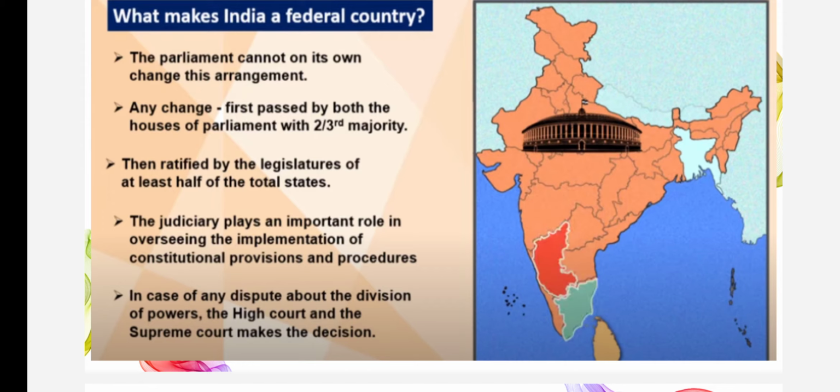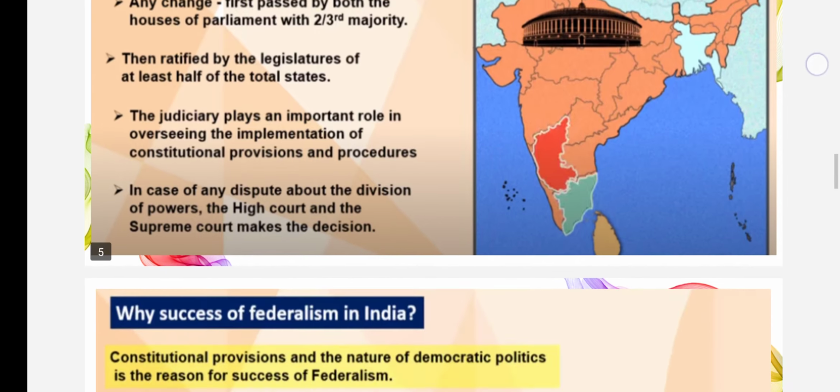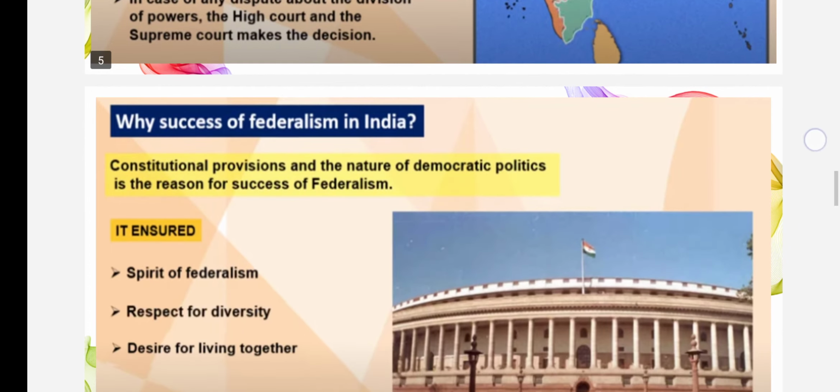In case of any dispute about the division of powers, the High Court and the Supreme Court make the decision. If any dispute arises between two states of the country, or between the state and the center, the Supreme Court or the High Courts will interfere in those disputes.